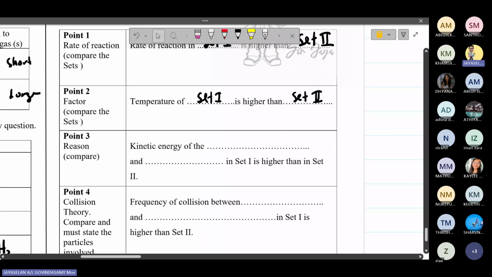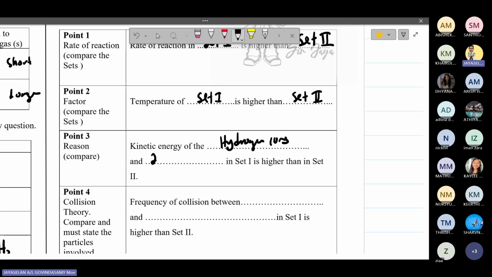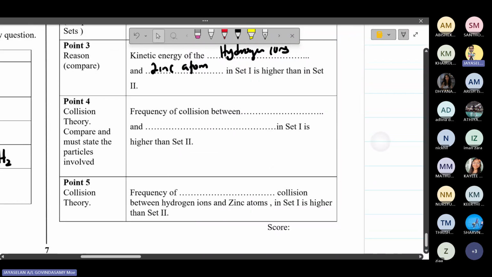Okay, the kinetic energy of what particle? Just now we do right. Hydrogen ion and zinc atom. Kalau diguna calcium carbonate compound and hydrogen ion, in set 1 higher than set 2. You already score point number 3. Okay, and point number 4, frequency of collision must compare the particle.